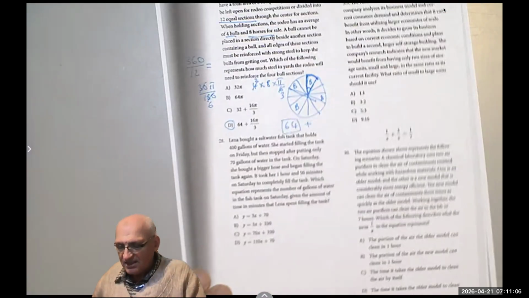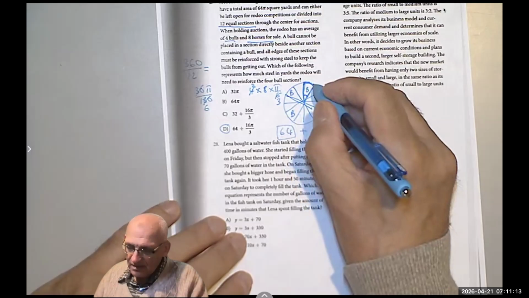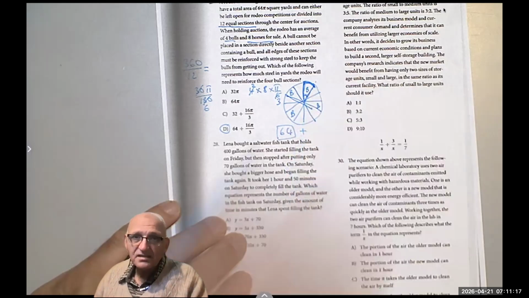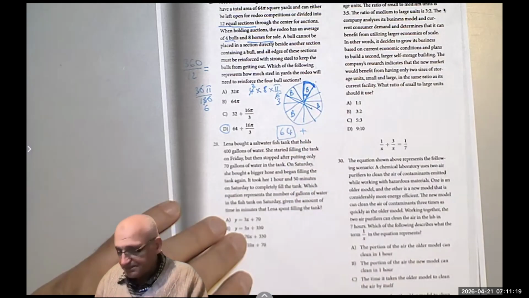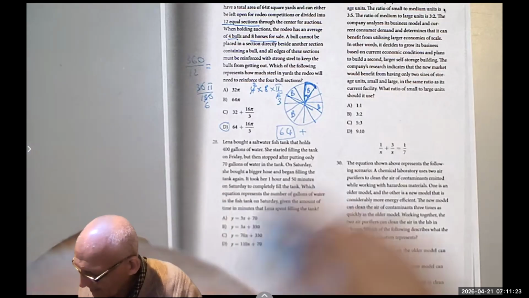Exactly, that is the answer. Right? You know that the length of the arc is the radius times the angle in radian. And 30 degrees is pi over 6.